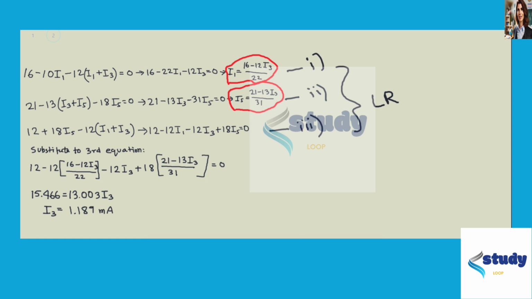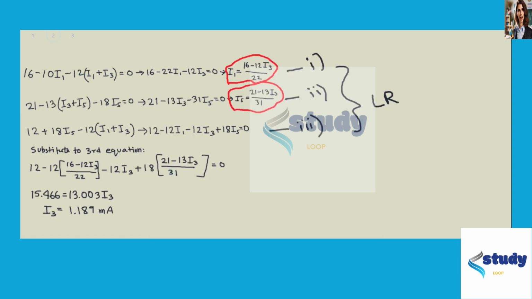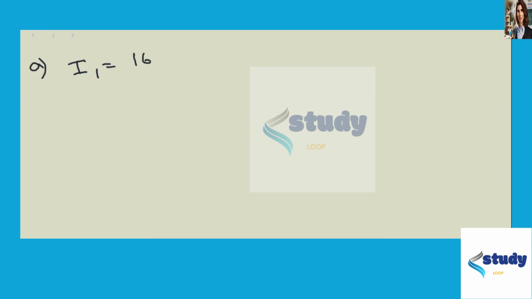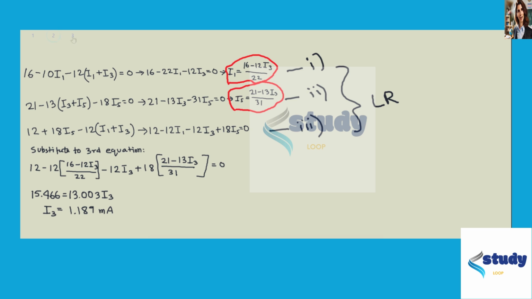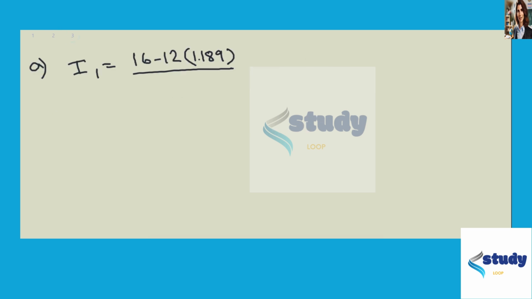Now, once we know our I3, we can check what I1 is. So that's what we wanted to know. So I1 should be this expression, right? So it's going to be 16 minus 12 I3. So 16 minus 12, and for I3, we have 1.189, and then in the denominator, we have 22.